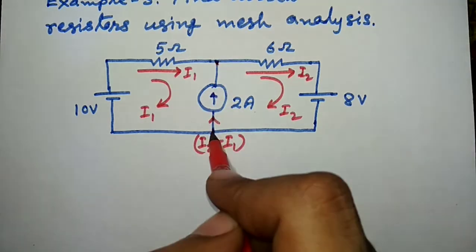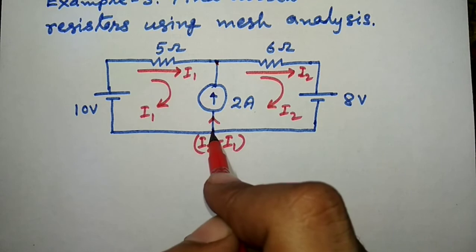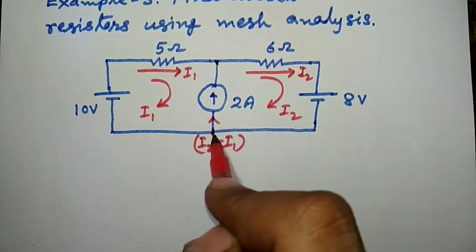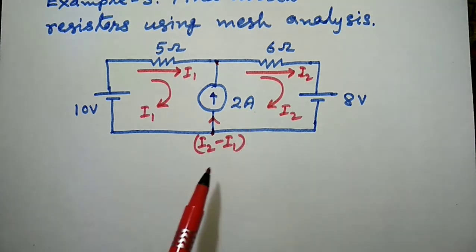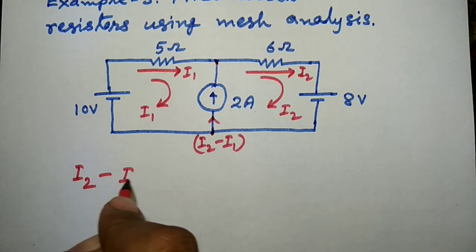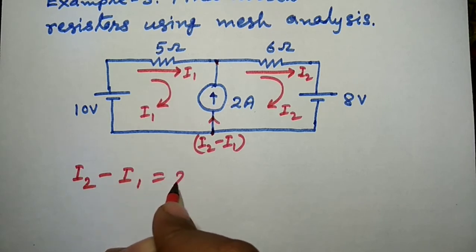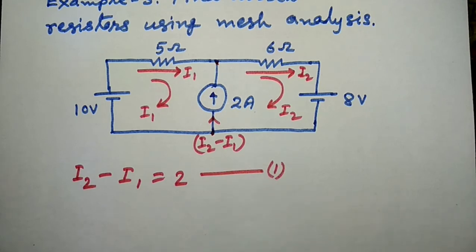Therefore the net current in this branch can be written as I2 minus I1, and it will be in the upward side. But the value of the current source is 2 ampere, so we can directly write I2 minus I1 equal to 2. This is the concept of the super mesh.